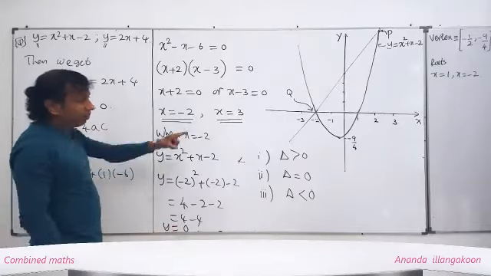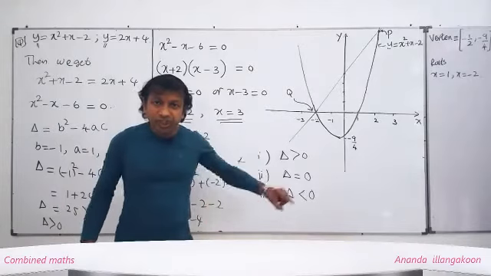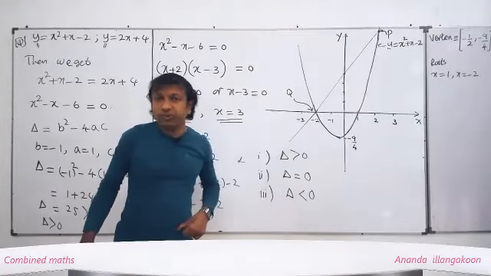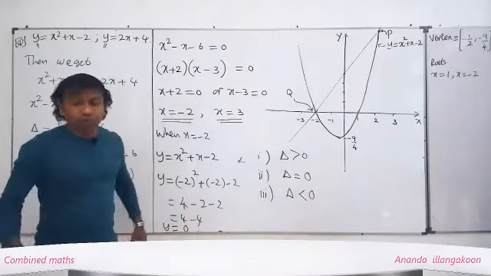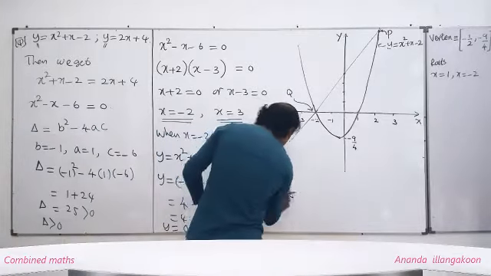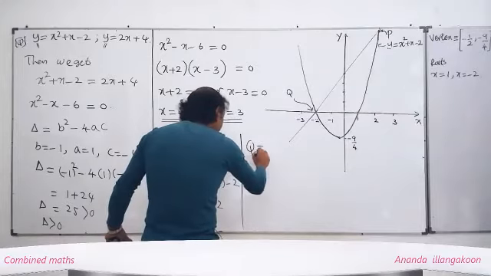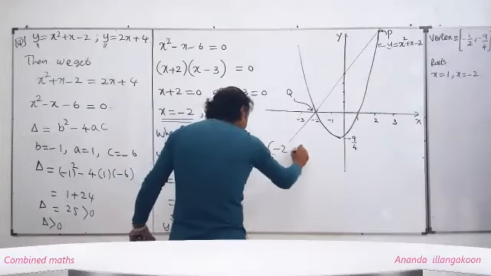Then the point Q has x coordinate -2, y coordinate 0. That is obvious from the graph also. Therefore, point Q is (-2, 0).